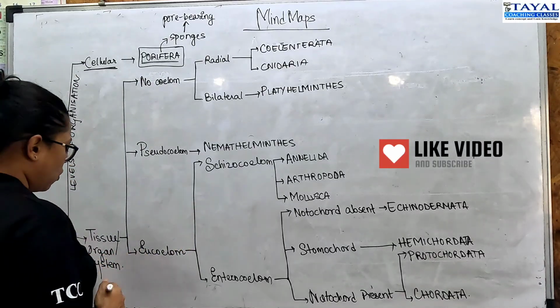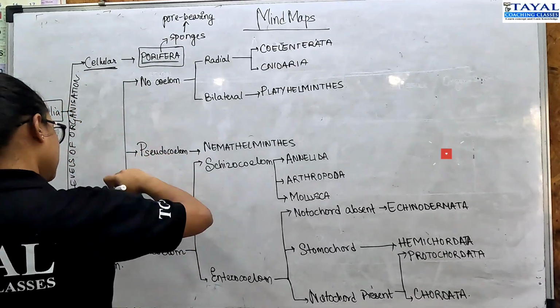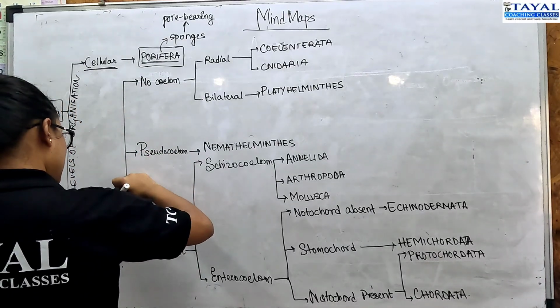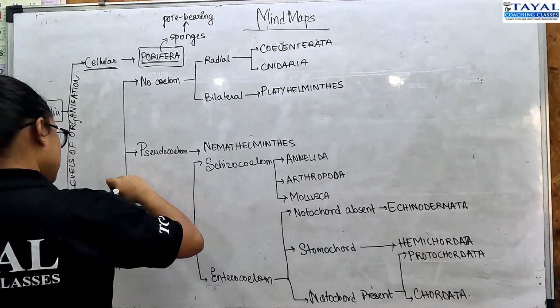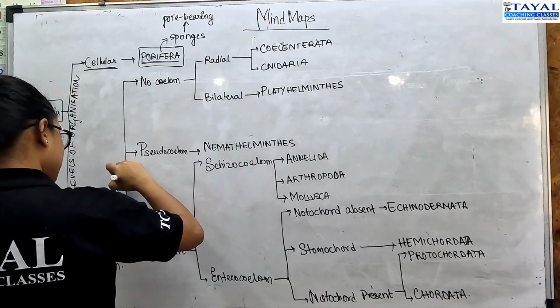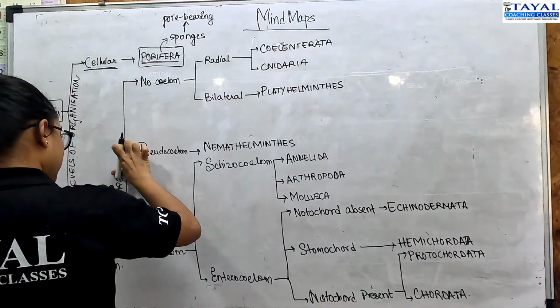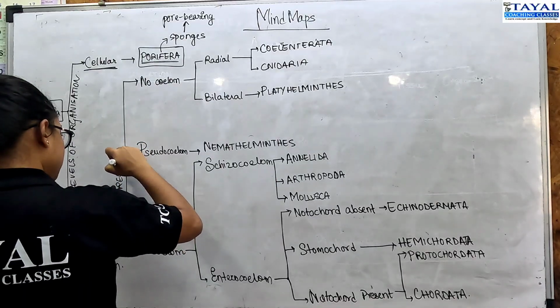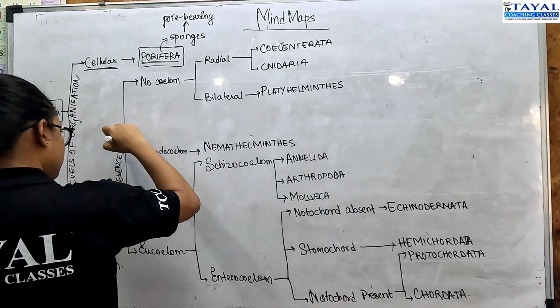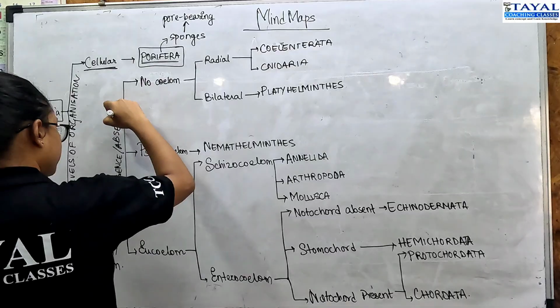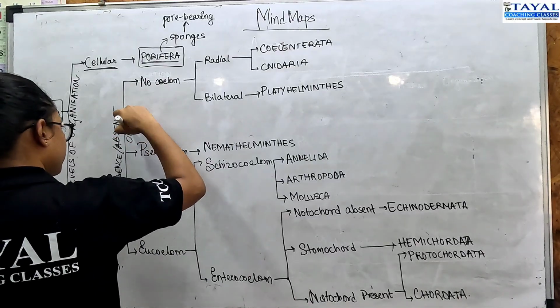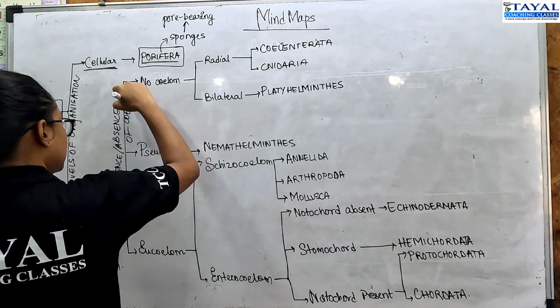Now for tissue and organ system level, it was further classified on the basis of presence or absence of the coelom. Right?